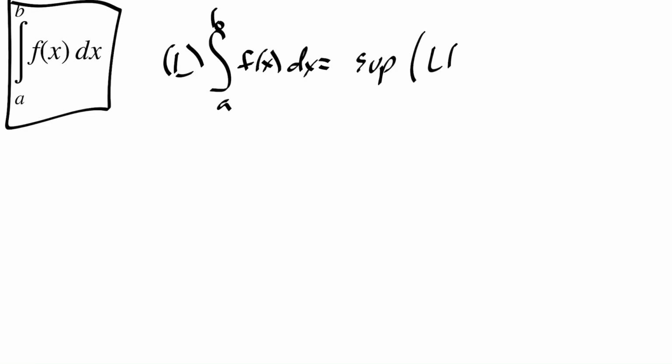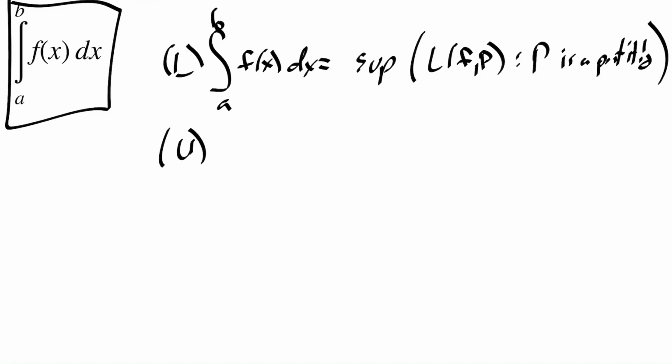This is going to be the sup of all the lower sums, such that P is a partition. So it's the sup over all partitions of the lower sums.